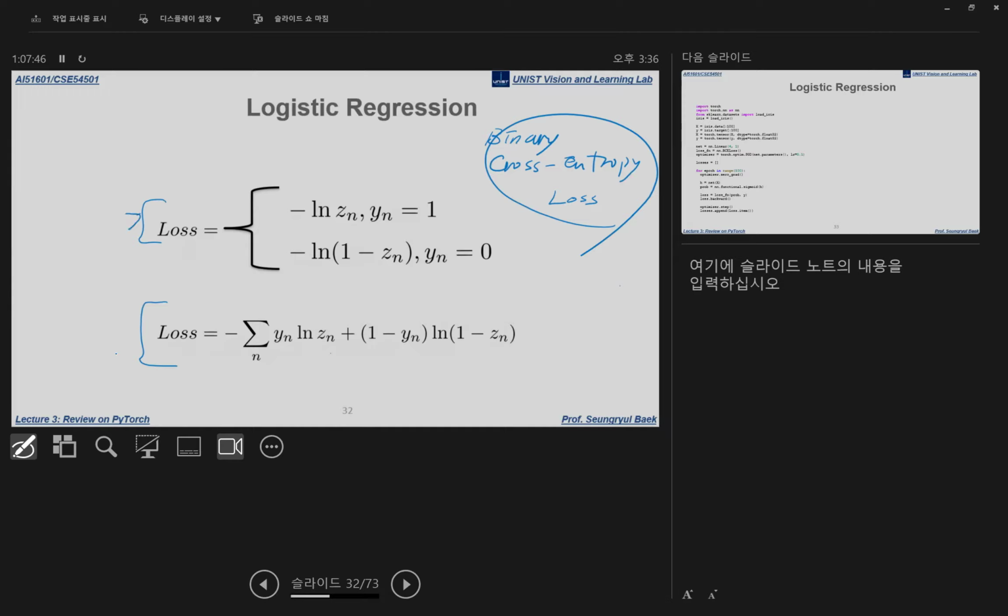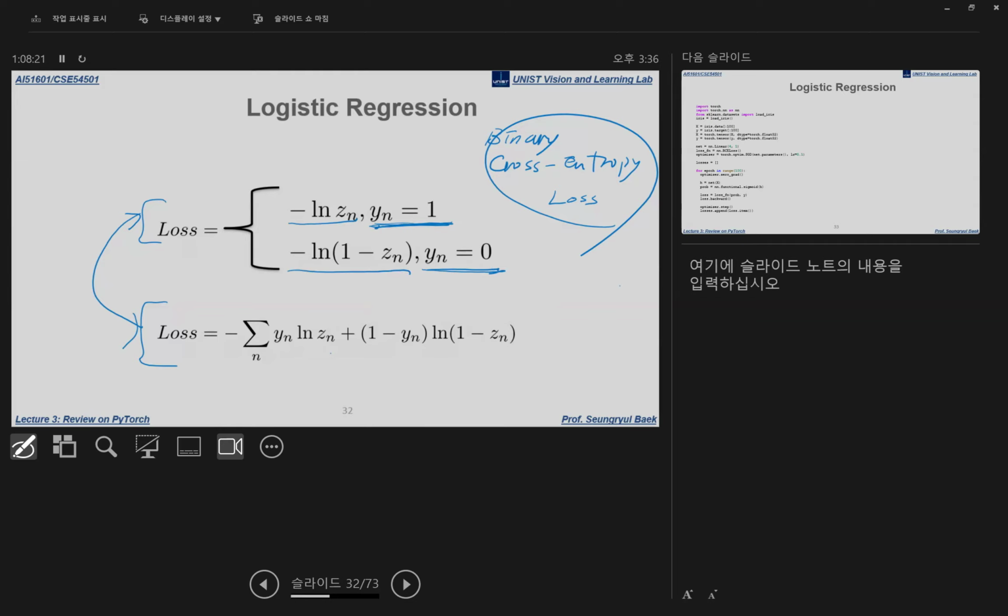And you first have to understand that these two types of formula are actually the same thing. Okay. So here it is showing that if y_n, the nth sample's ground truth, is 1, the loss value is this. And when the nth sample's ground truth is 0, we define the loss function as this.